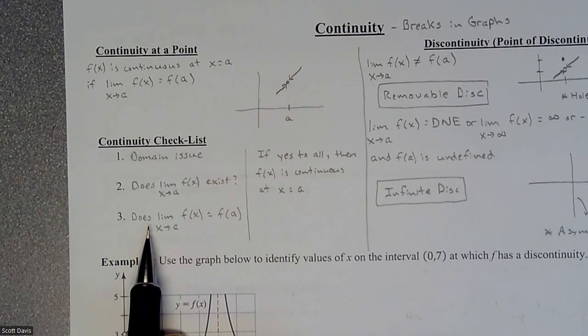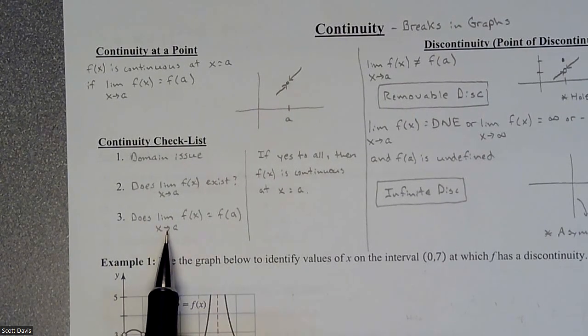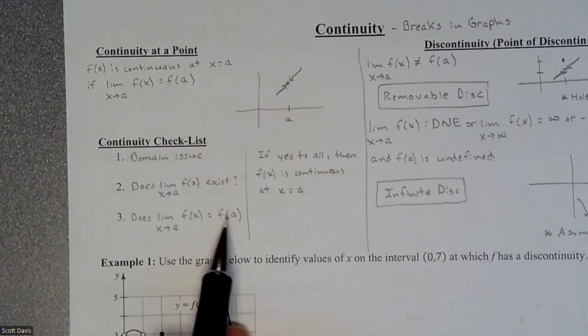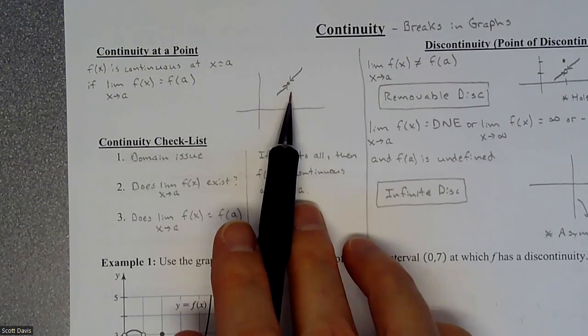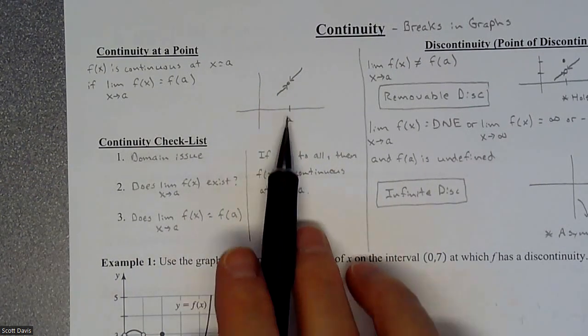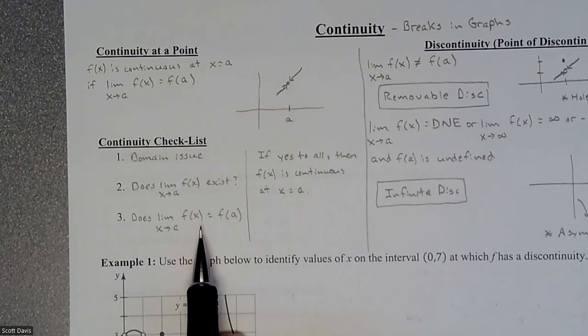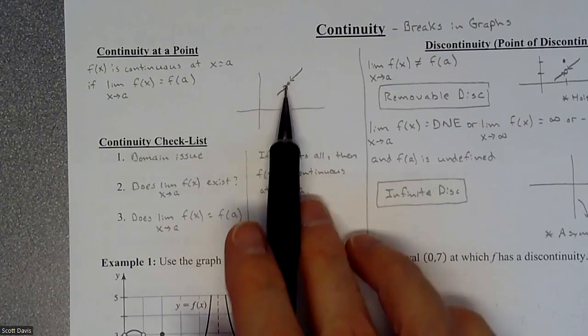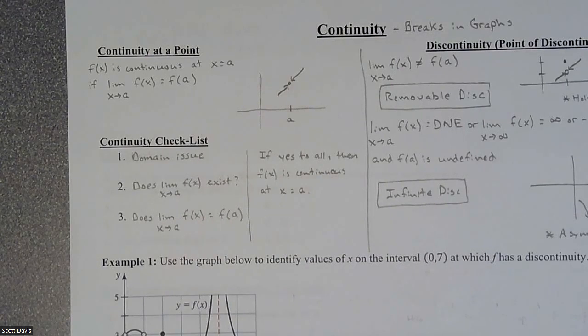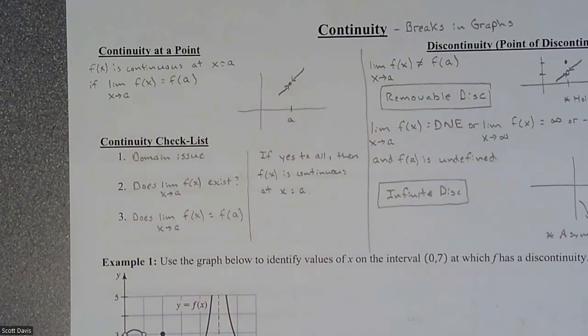And for it to work out, does the limit exist, and does it equal the y value? Do they line up with each other? If that value is 10 and that value is 10, perfect. Then the graph is continuous at that point.